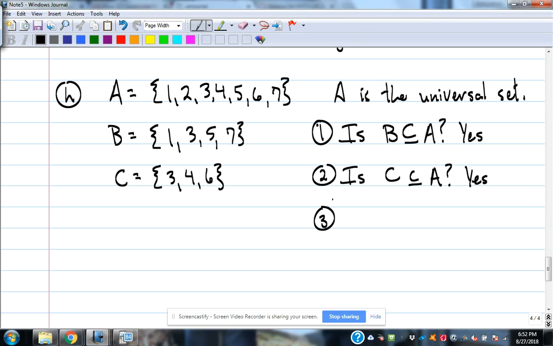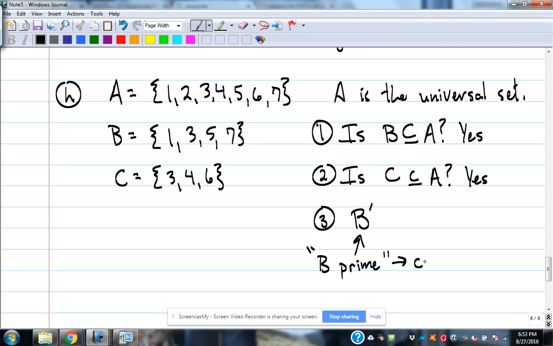Here's where we throw in the new thing. B prime, and that's the way you say it. It's just an apostrophe there, like a little apostrophe right there. B prime, that's how you read it.